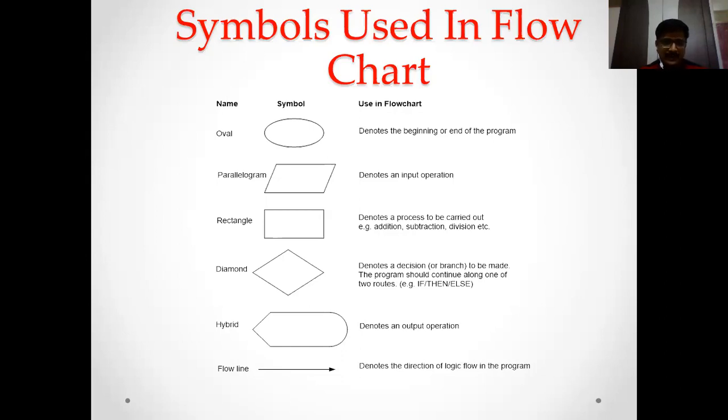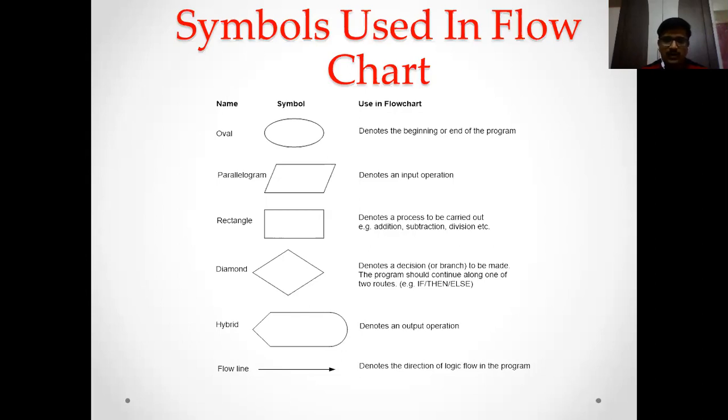The next one is the rectangle. We use the rectangle wherever we have calculation statements, where we have expressions and logicals; we write the expressions inside this rectangle box. The next one is the diamond, which is called a decision box. A decision box has one flow in but two flows out.